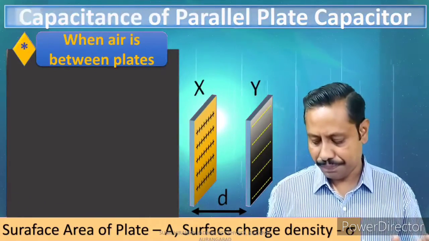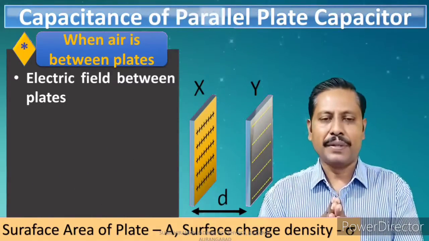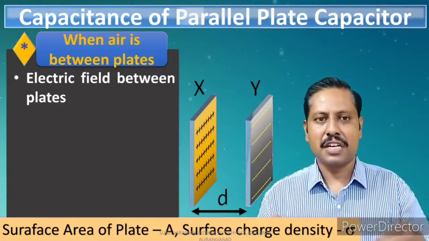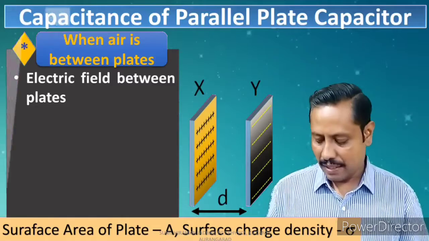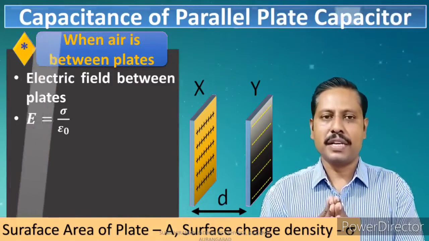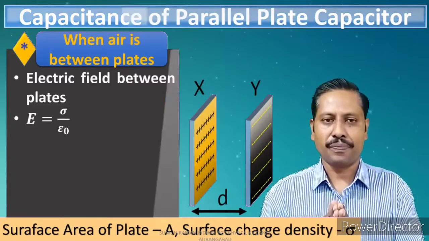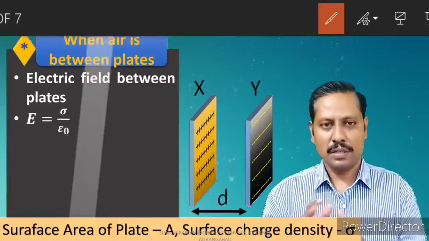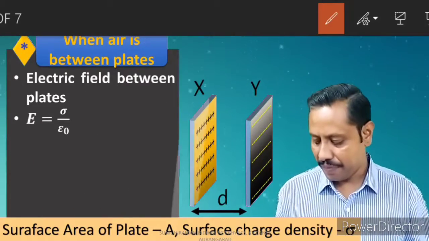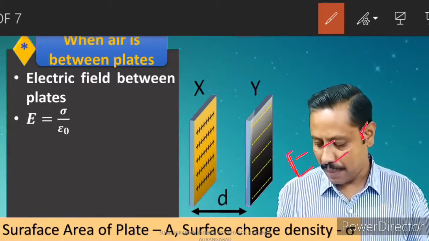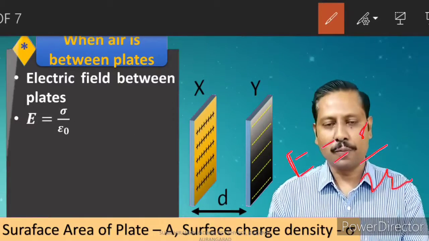Now, the electric field between the plates. If I assume each plate as an infinite charged conductor, then the field between the two plates will be given by E equal to sigma upon epsilon 0. How is it coming here? If we take the field for a single infinite plate, then the electric field is E equal to sigma upon 2 epsilon 0.